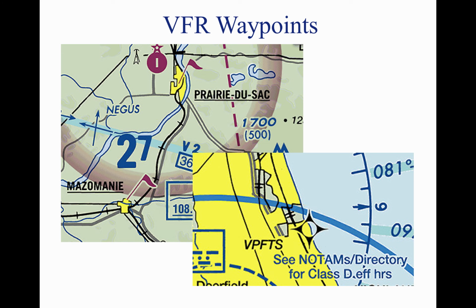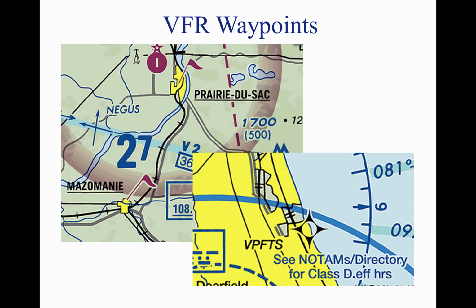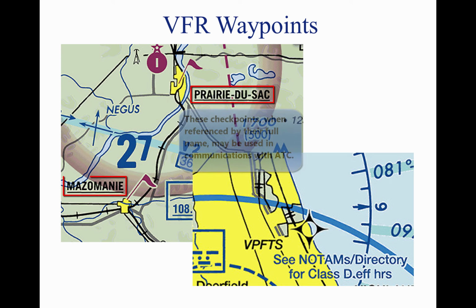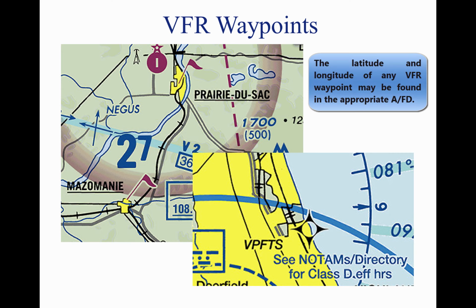A VFR waypoint co-located with a visual checkpoint on the chart is identified by a small magenta flag symbol. A VFR waypoint co-located with a visual checkpoint is pronounceable based on the name of the visual checkpoint and may be used for ATC communications. Each VFR waypoint name appears in parentheses adjacent to the geographic location on the chart. Latitude-longitude data for all established VFR waypoints may be found in the appropriate regional AFD.